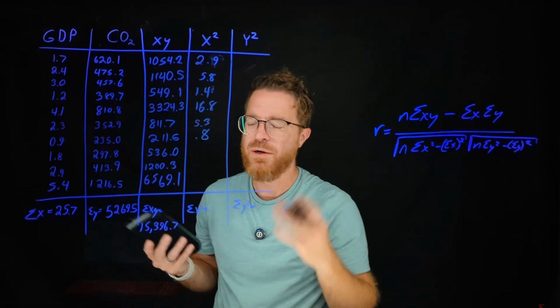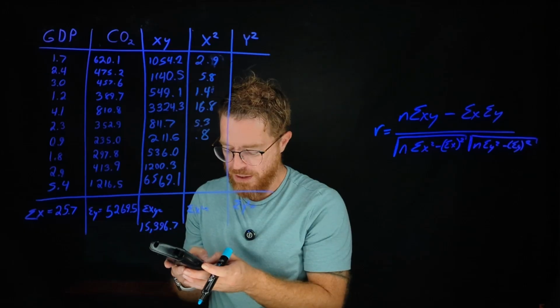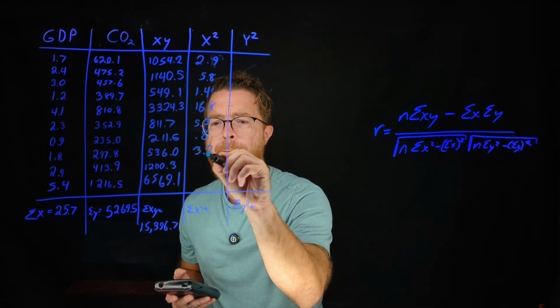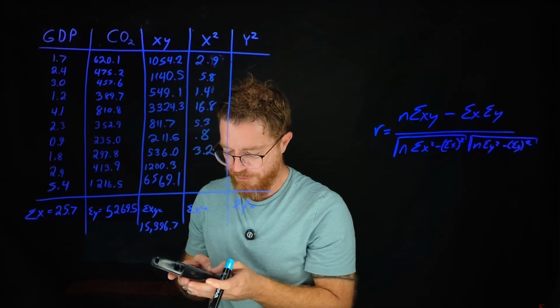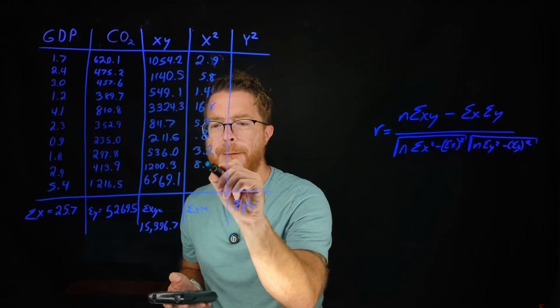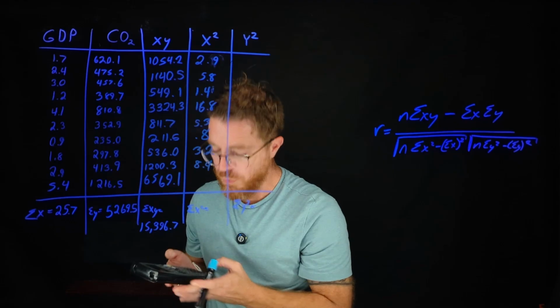I'm just putting it in my calculator, even though I don't really need it. 1.8 squared is going to be 3.2. 2.9 squared is going to be 8.4. And then 5.4 squared is going to give us 29.2.